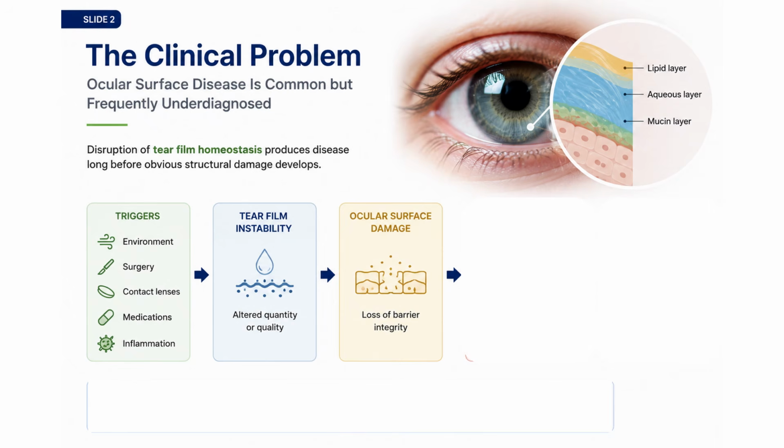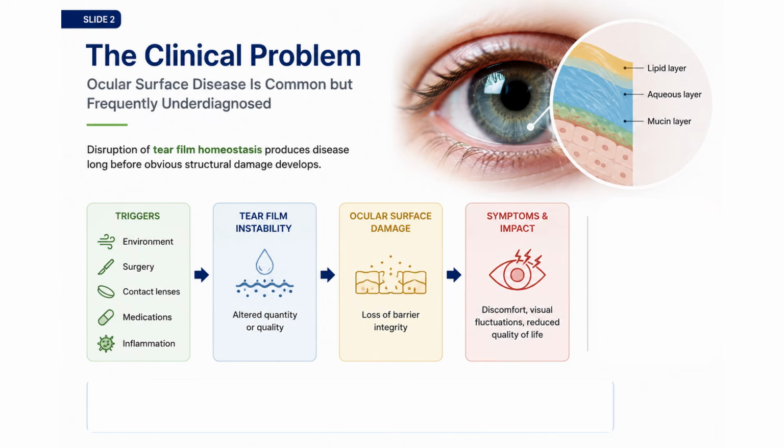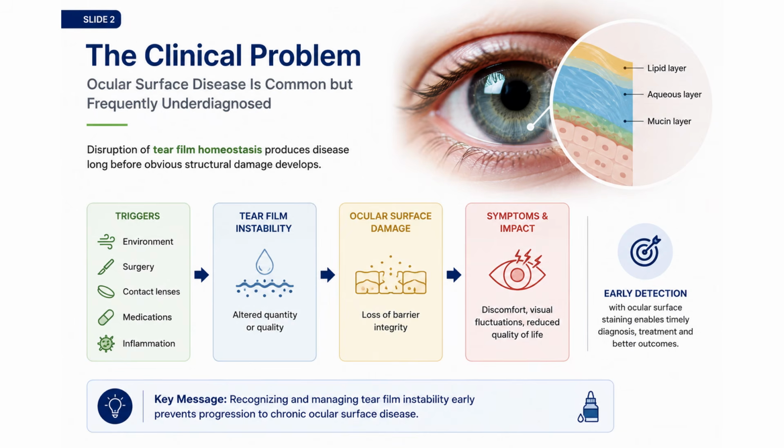This altered tear film instability causes ocular surface damage, which later results in visual symptoms such as visual fluctuations, discomfort, and reduced quality of life. Early detection of ocular surface staining enables timely diagnosis, treatment, and better outcomes. So the key message here is to recognize and manage tear film instability early so that it prevents progression into a chronic ocular surface disease.